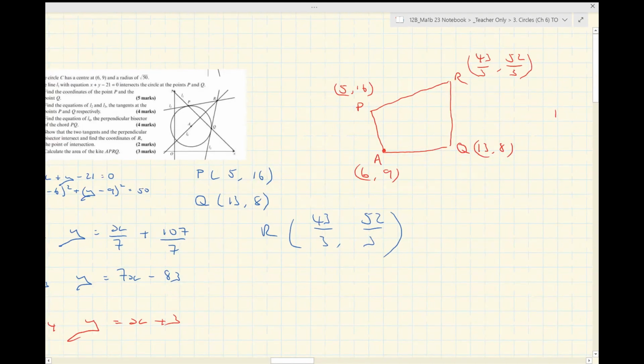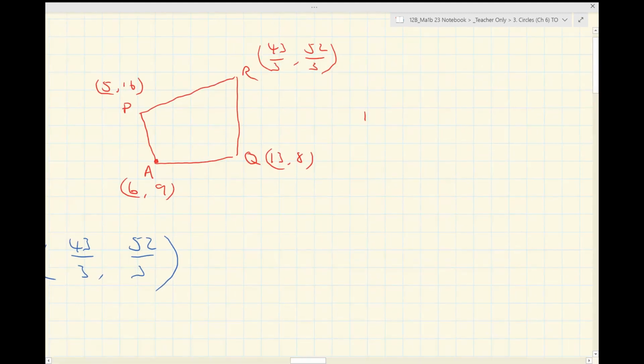So how am I going to find the area of the kite? Well, as you probably know, to find the area of a kite, you can do the product of the diagonals and then divide by 2. So I have to find the length of the two diagonals, multiply them together and divide by 2. The length of PQ is going to be the square root of 8 squared plus 8 squared.